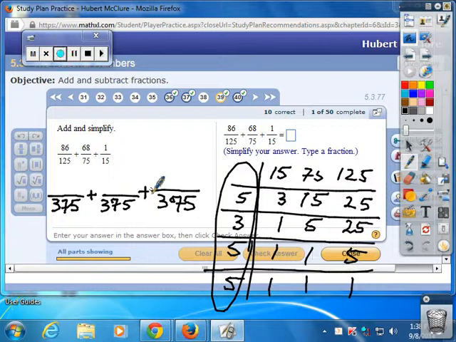How many times will 125 go into 375? 3 times. 3 times 8 is not 16, George. I always do that. I always say 3 times 8 is 16. 3 times 8 is 24. Sorry. So that'd be 258?